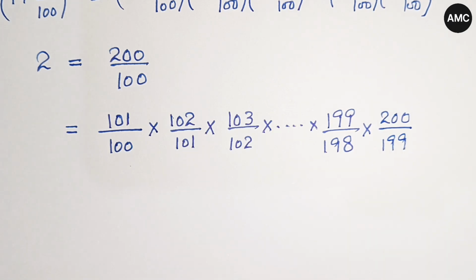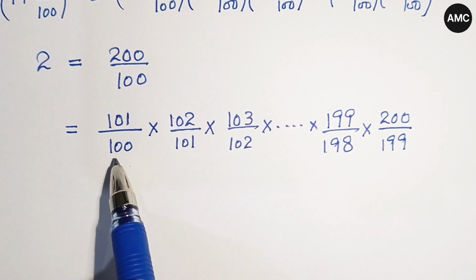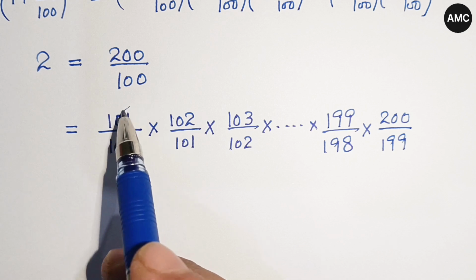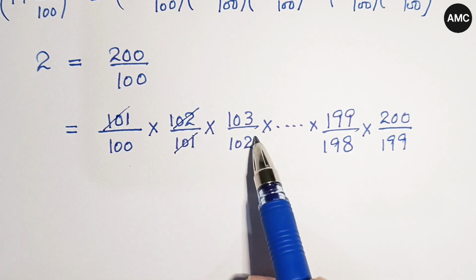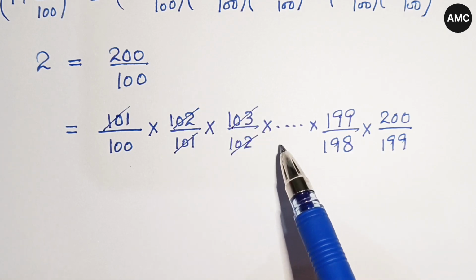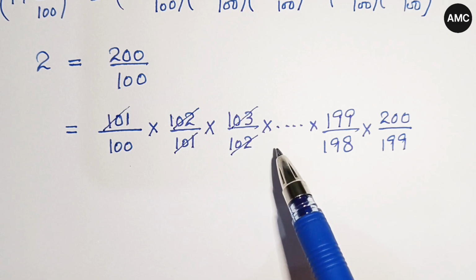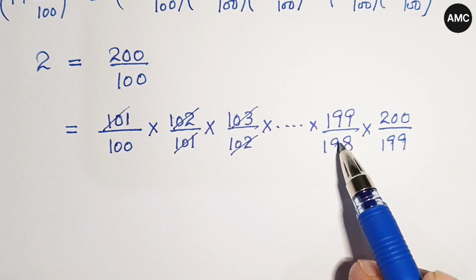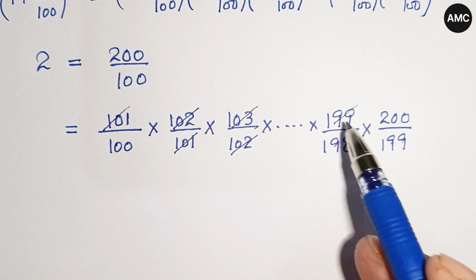Now let's look closely. We cancel this 101 with this 101, similarly 102 with this one, and 103 with this one, because we have 103 in the denominator of the next parenthesis. So 198 can be cancelled out with the previous one, and 199 is cancelled out with this one.